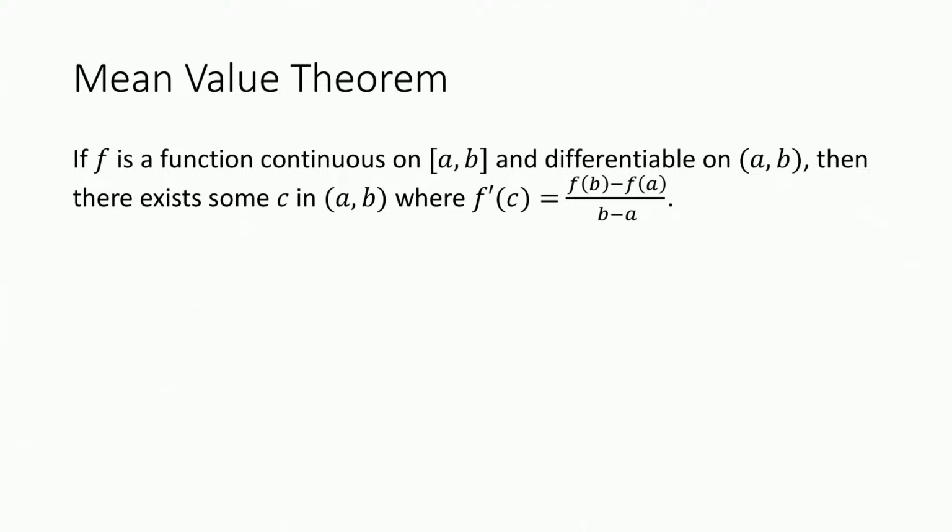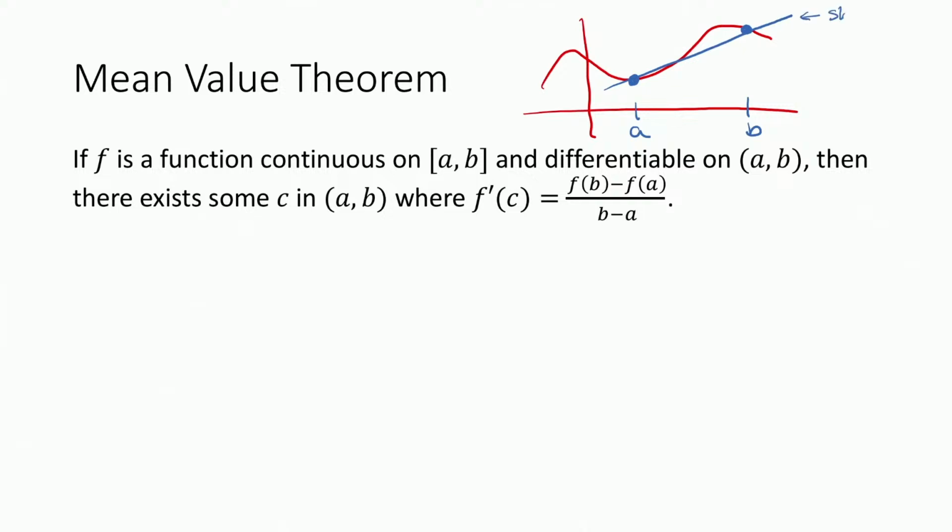So just to remind you what this means, here it is. You've got a function like this, that's f of x, and then I'm going to put 2 points on that function. Here is the first point, here is the second point. So that's going to be a, this is going to be b. So let's connect the dots. So the slope of that line is this right here.